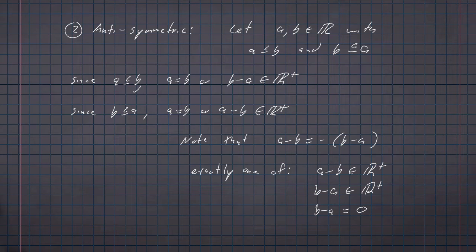A minus B is a positive number, B minus A is a positive number, B minus A is 0. That's the definition of the positive numbers. A and B are real numbers, so A minus B and B minus A are also real numbers, and so by the definition of the positive real numbers, exactly one of these three things can be true.